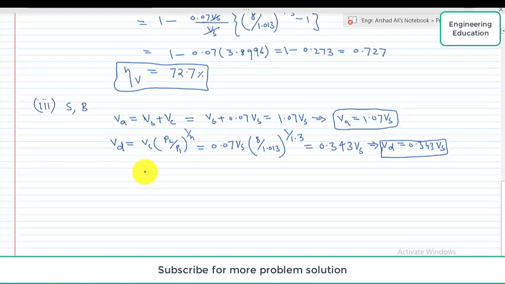Now we are going to take the difference of these two values, VA and Vd.